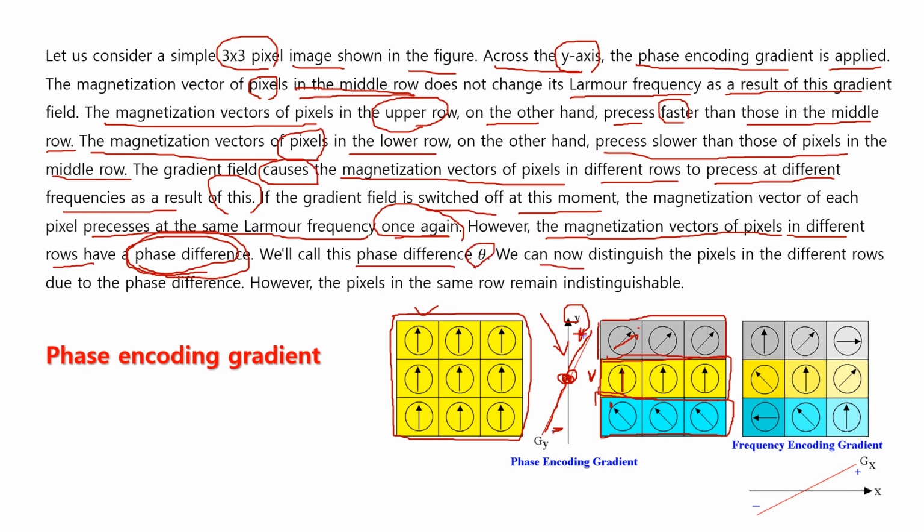Then we can now distinguish the pixels in different rows due to the phase difference. However, the pixels in the same row remain indistinguishable. It's the same, so we cannot distinguish them.